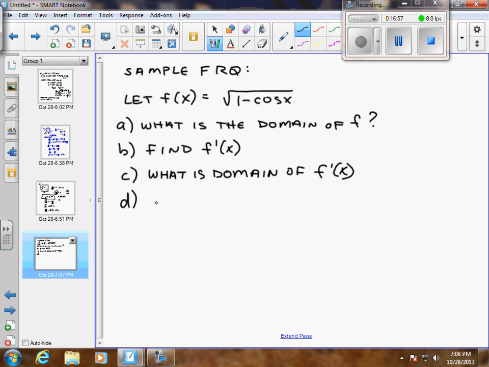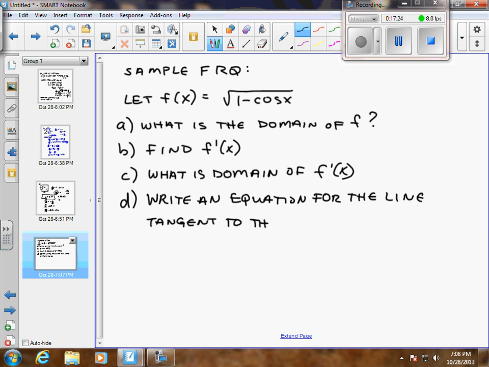And part D, write an equation for the line tangent to the graph of f at x equals pi over 2.